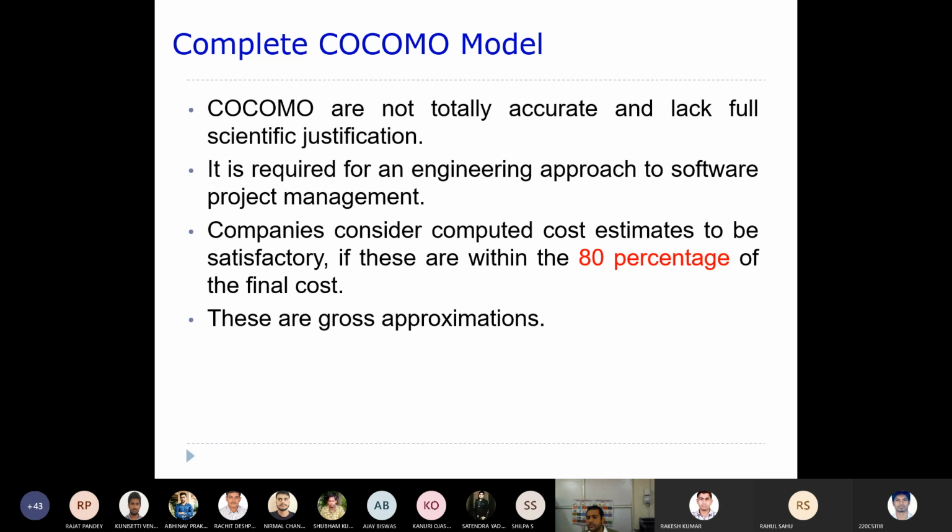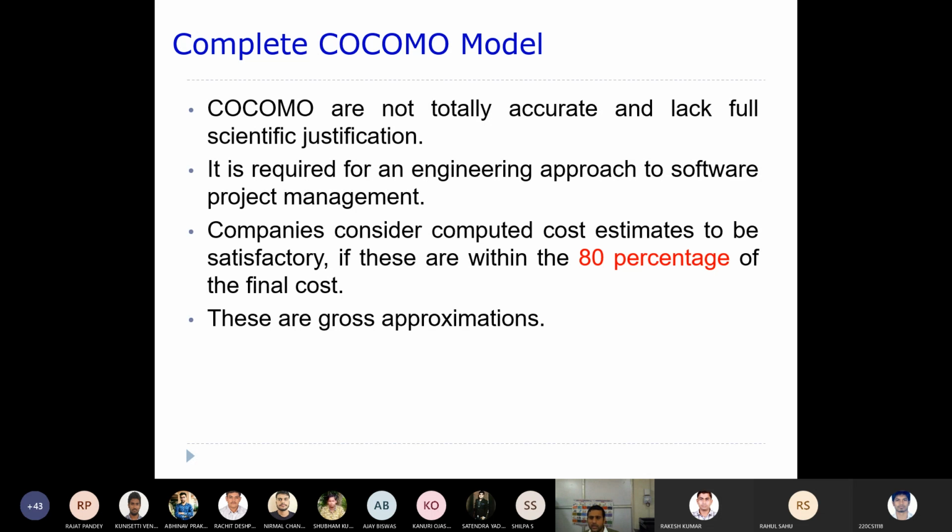Certain characteristics we have taken into account as part of COCOMO. It says companies consider computed cost estimates to be satisfactory if they are within 80% of the final cost.